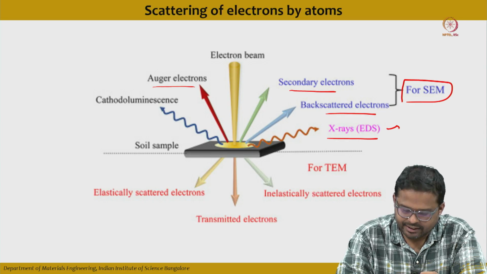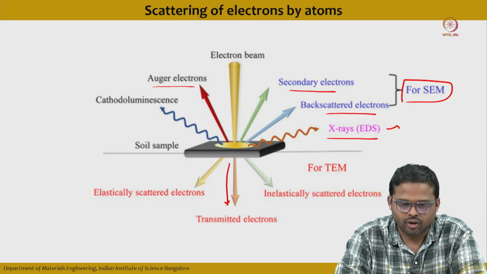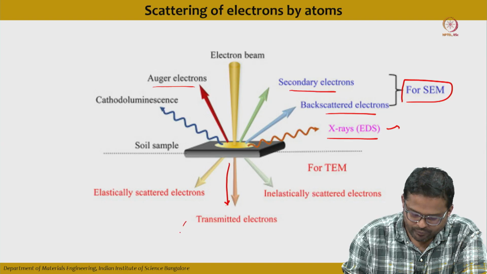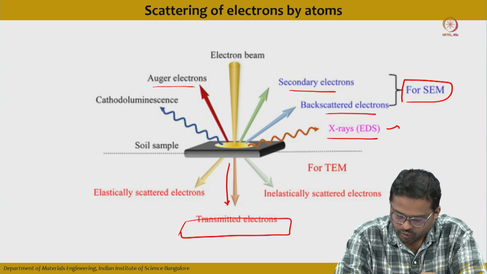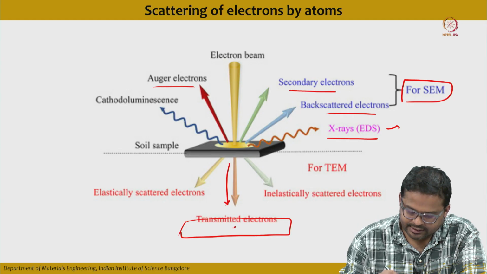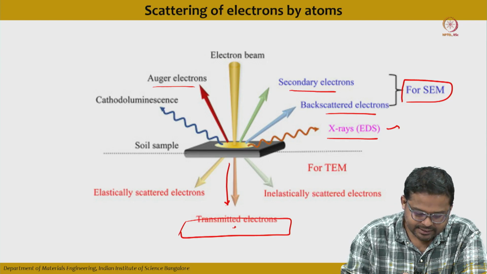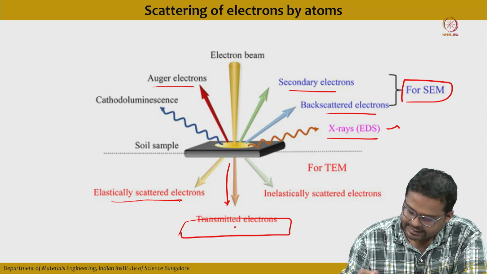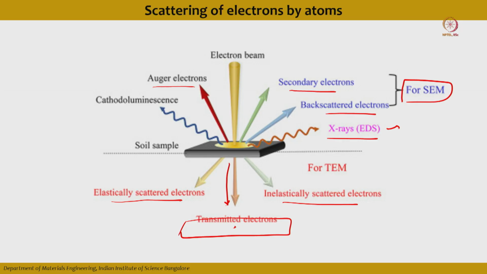If the sample is thin enough, then there will be a transmission of this electron beam across the sample. And if you provide a fluorescent screen here, the transmitted electrons can be collected, and out of these transmitted electrons there will be certain electrons which are elastically scattered, and certain electrons which are inelastically scattered. Based on the elastically scattered or the inelastically scattered electrons, you have different types of functions.